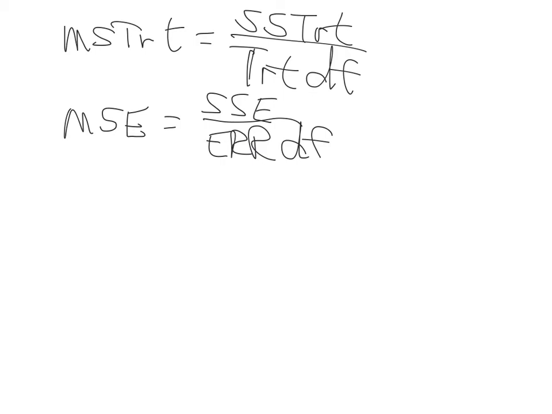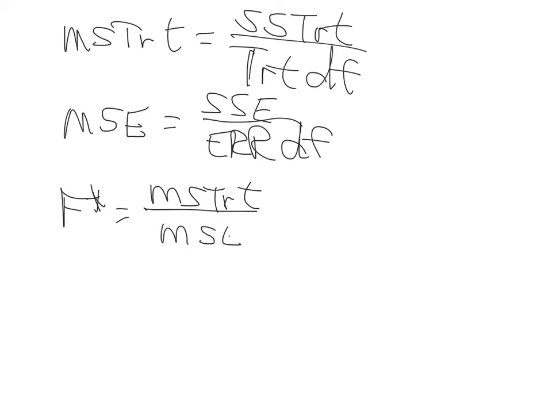Yay! And finally, the F star is mean square treatment over mean square error. And then we'll do the hypothesis test in a couple minutes. All right? So let's start putting this puppy together and see what we come up with.